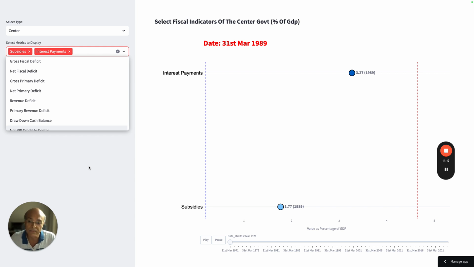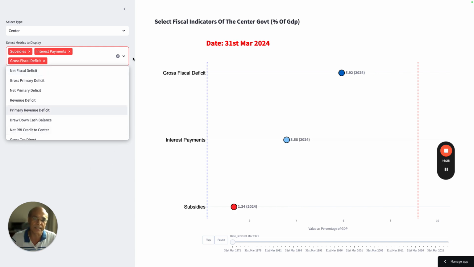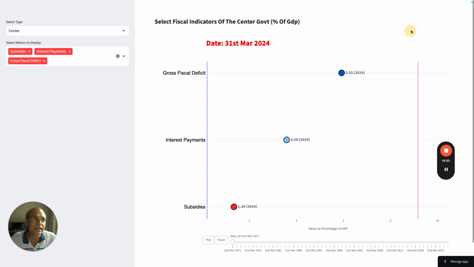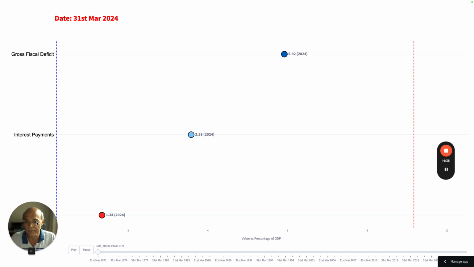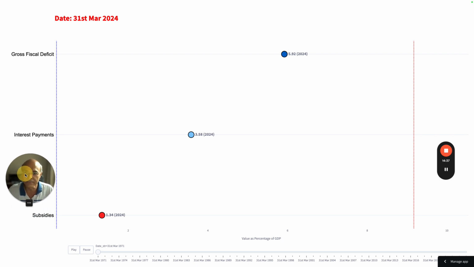The earnings are not sufficient to cover those expenses. So let's look at this. Now, I'm also going to bring the gross fiscal deficit into the picture, so that you will be able to get a sense of where we stand as far as these three dimensions are concerned: subsidy, interest payment, and gross fiscal deficit.